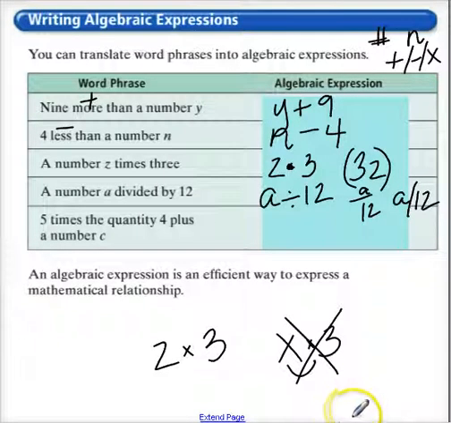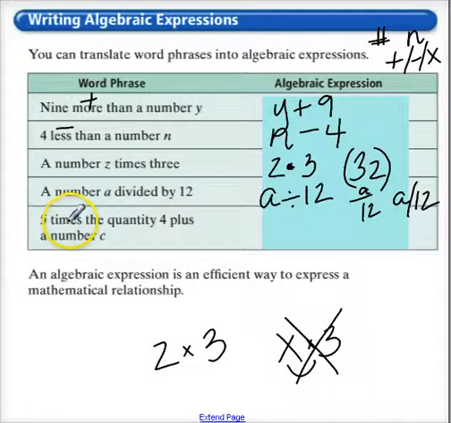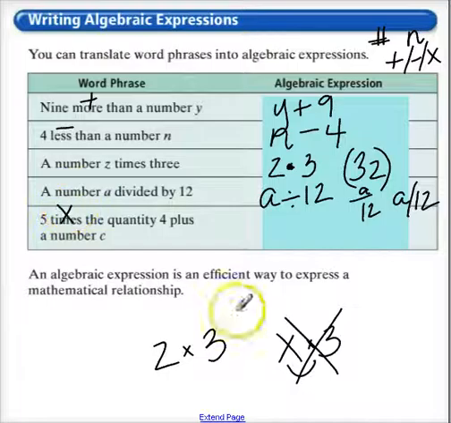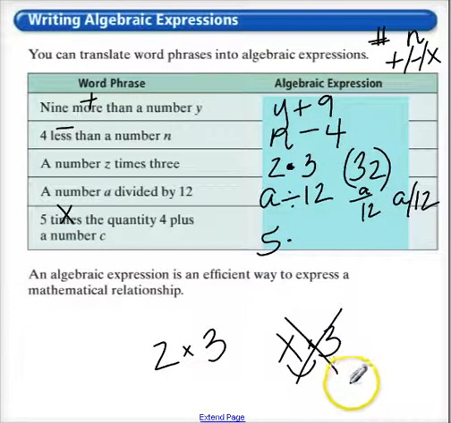Final example is a little more tricky. It has two operations. 5 times the quantity 4 plus a number c. There's two things you want to notice when you read this. First of all, the word times means to multiply. So 5 times something. I'm using my dot.